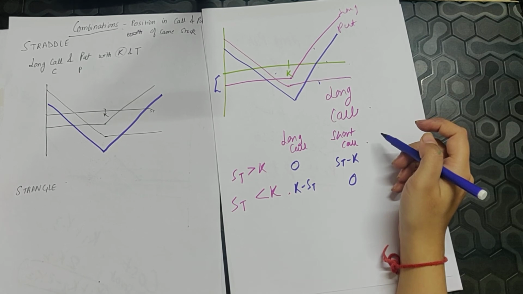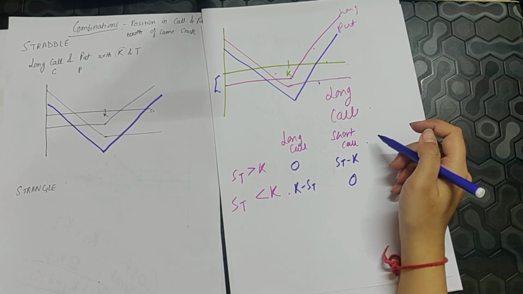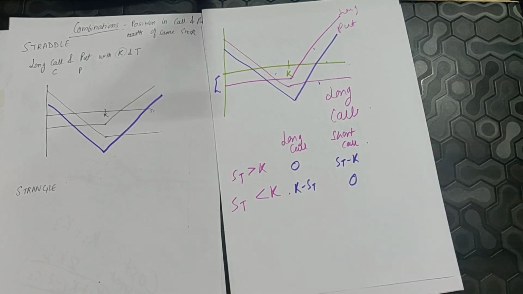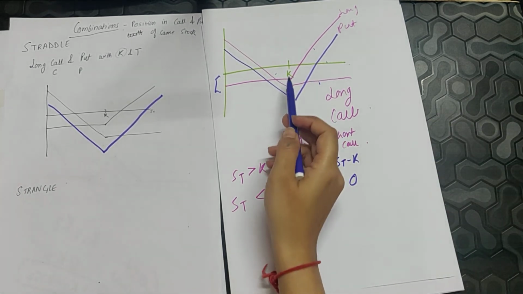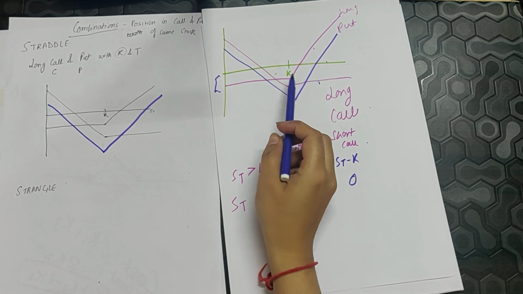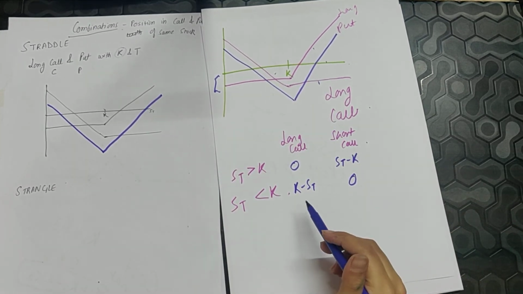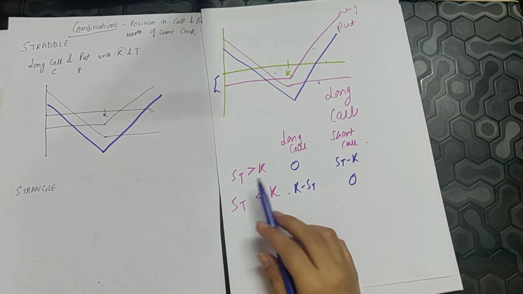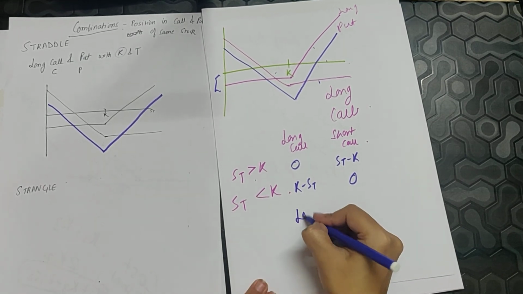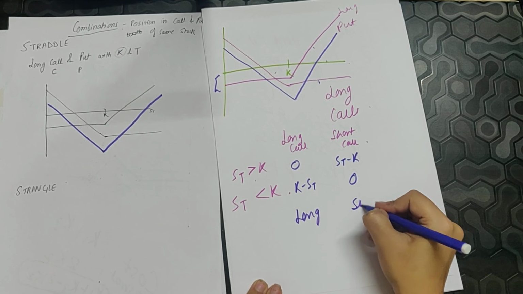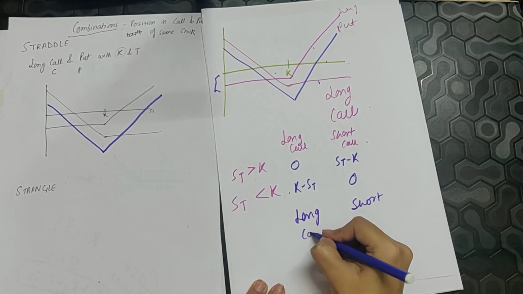Long call, I've bought the call. ST is less than K. I made a mistake. Long call and short call.